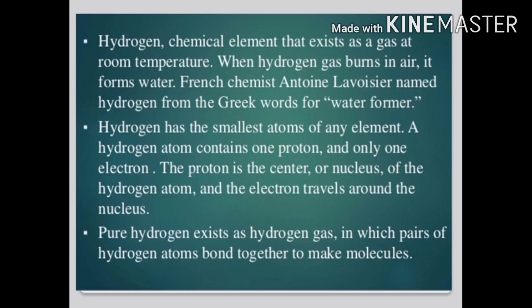A hydrogen atom contains one proton and only one electron. That proton is present at the center, that means the nucleus, and the electron revolves around the nucleus. Normally, pure hydrogen exists as hydrogen gas in which a pair of hydrogen atoms bond together to make a molecule that is called a hydrogen molecule.